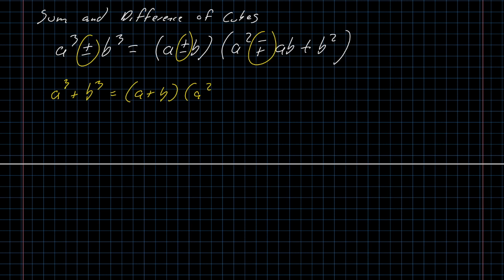The top branch now says minus ab plus b squared. Or if I follow the bottom branch, a cubed minus b cubed equals a minus b times a squared. The bottom branch over here is plus ab plus b squared.